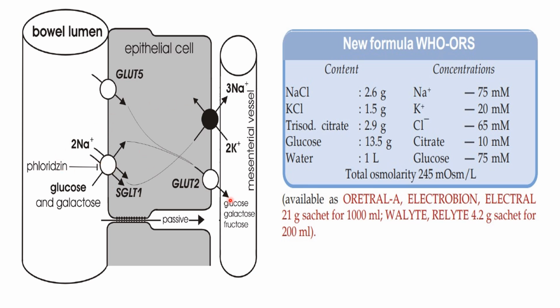So we can use the pre-packaged mixture of sugar and salt dissolved in water, and it is a very simple remedy that has dramatically reduced the mortality in epidemics of cholera and other diarrheal diseases, especially in developing countries.